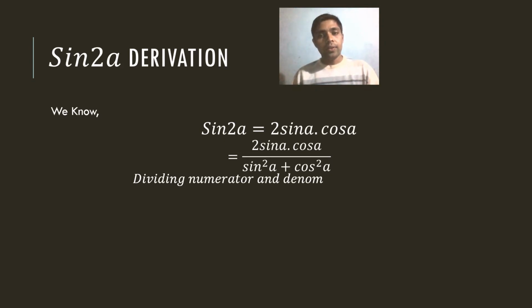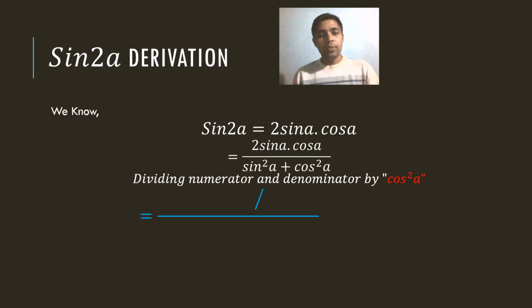For tan we need sin upon cos, and as the denominator has sin square a plus cos square a, we have to divide each term by cos square a.